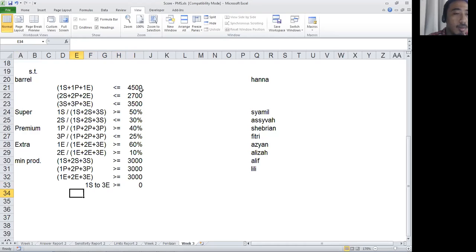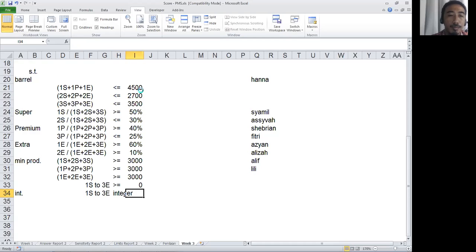How about related to integer programming? What else? All of the variables should be integer. That's all. Yeah, you just need to put it this way. And I will show you how we apply this constraint when we use solver.